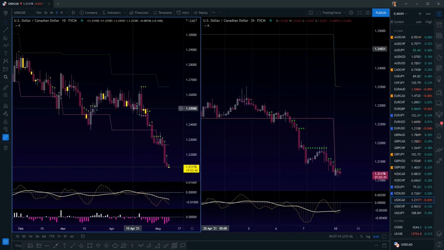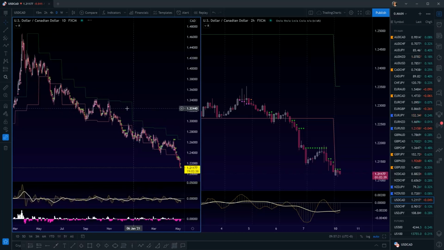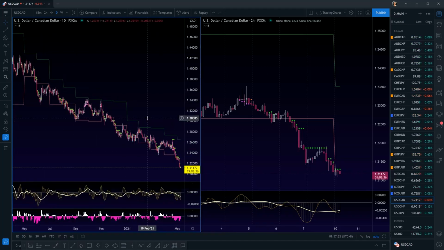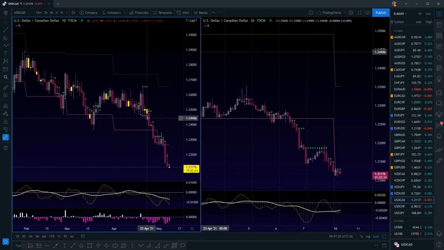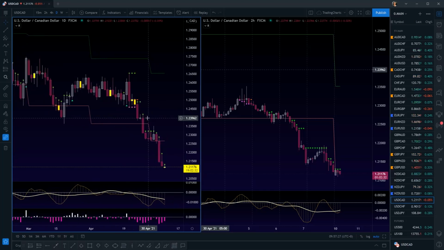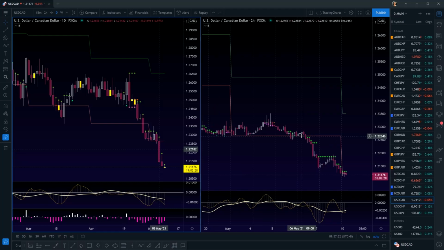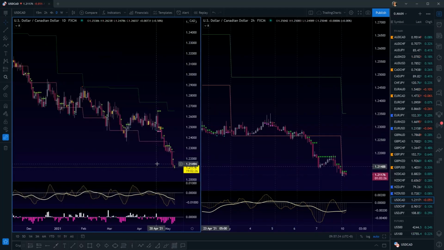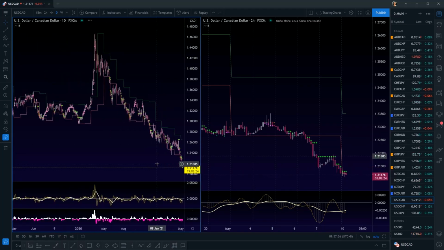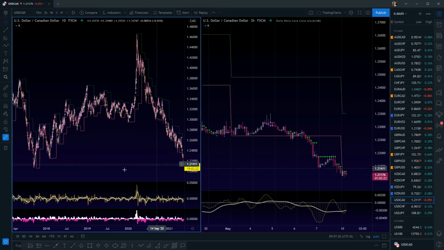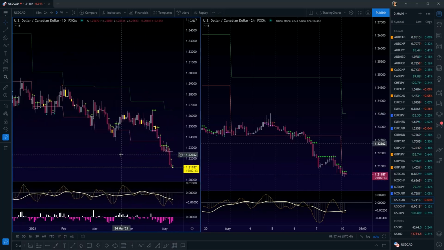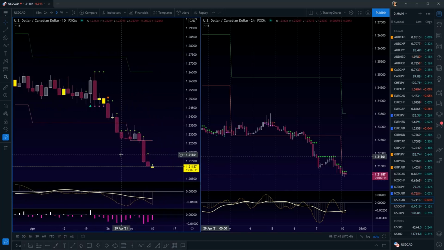US dollar CAD, extremely extended down range, but you never know. Trends can last very long. So let's just scroll out and see if there's any reference here. There's only one reference here, right at 2017. It's hitting those levels, but other than that, nothing to note.